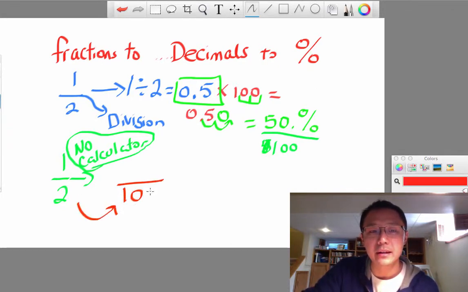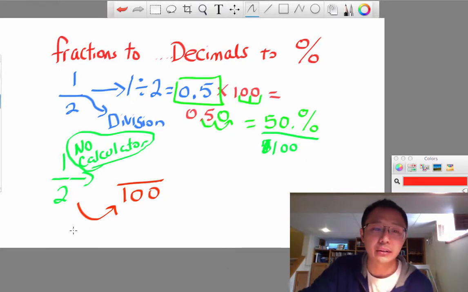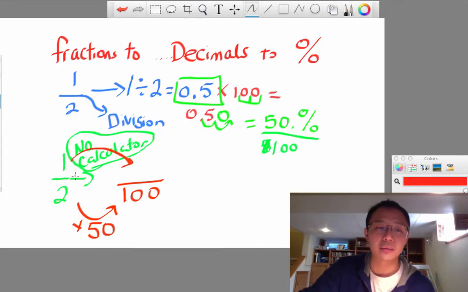So we're going to make the fraction into 100 if possible. So 2 actually does go into 100. It goes into it 50 times. So what you do to the bottom, you gotta do to the top. So 1 multiplied by 50 is 50.